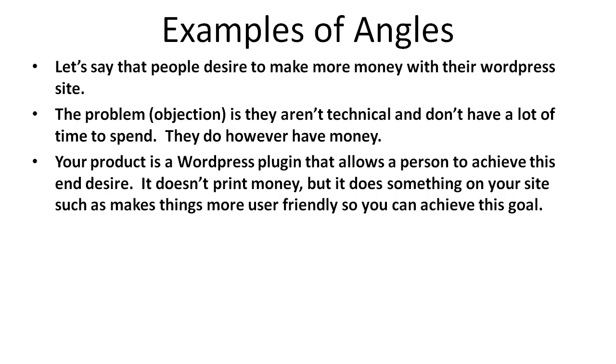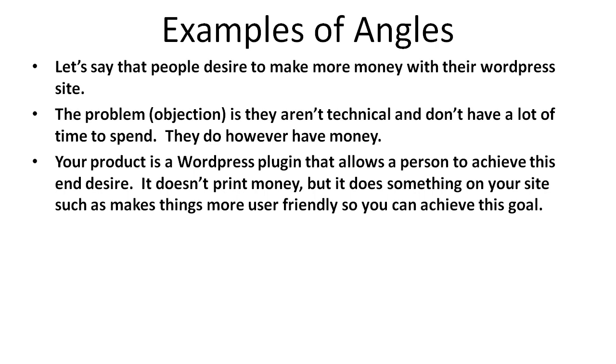Your product could be a WordPress plugin that allows a person to achieve this end desire of potentially building their own business or even making more money on the side to feed their children and do things with their family, go on vacations, stuff like that.